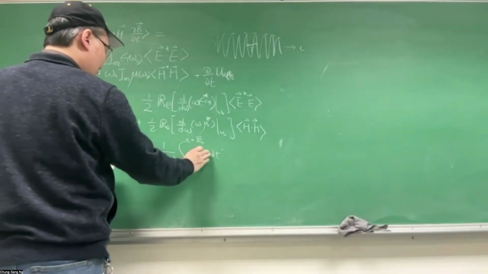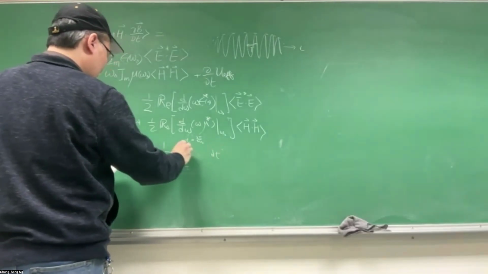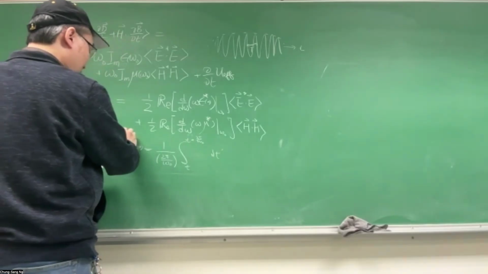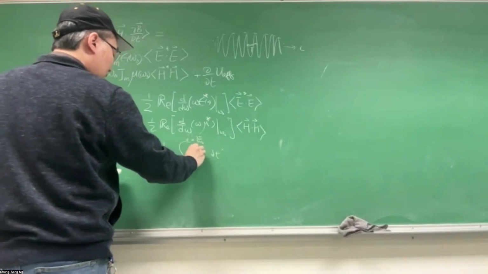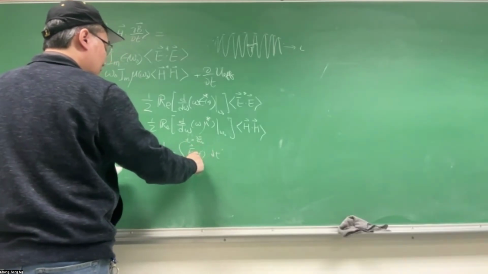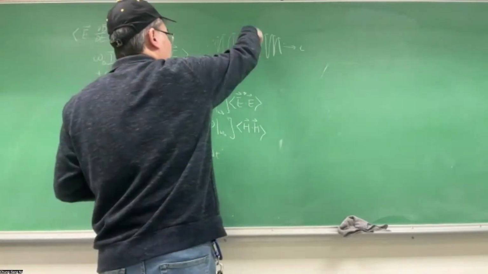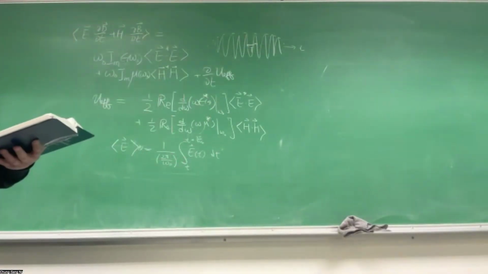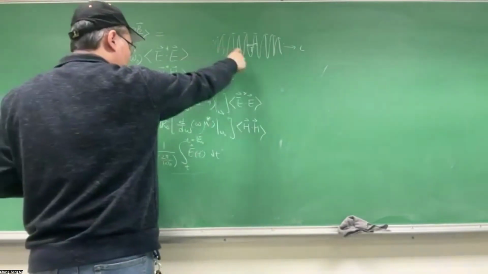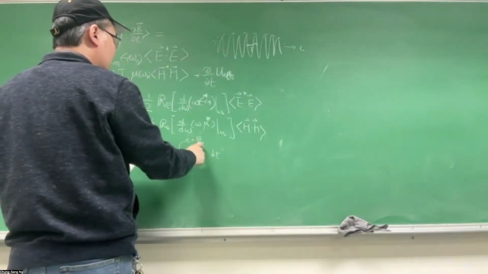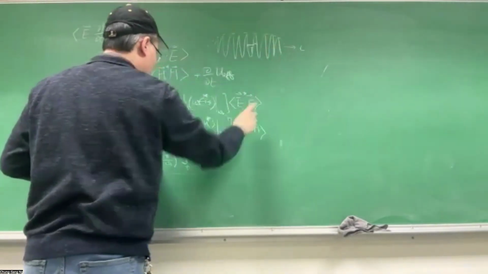Say, an average of an electric field: the integrand includes all the fast, almost single-frequency oscillation, but once you integrate over the period, what is left is this modulation.